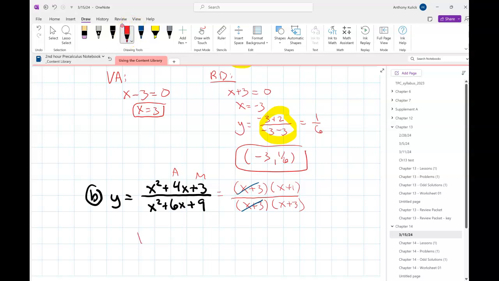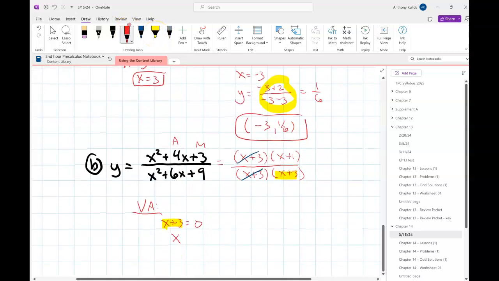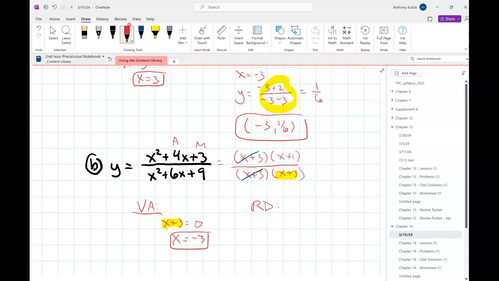So, what do I use for my vertical asymptote? x plus 3 equal to 0. So I get negative 3 for that. How about my removable?